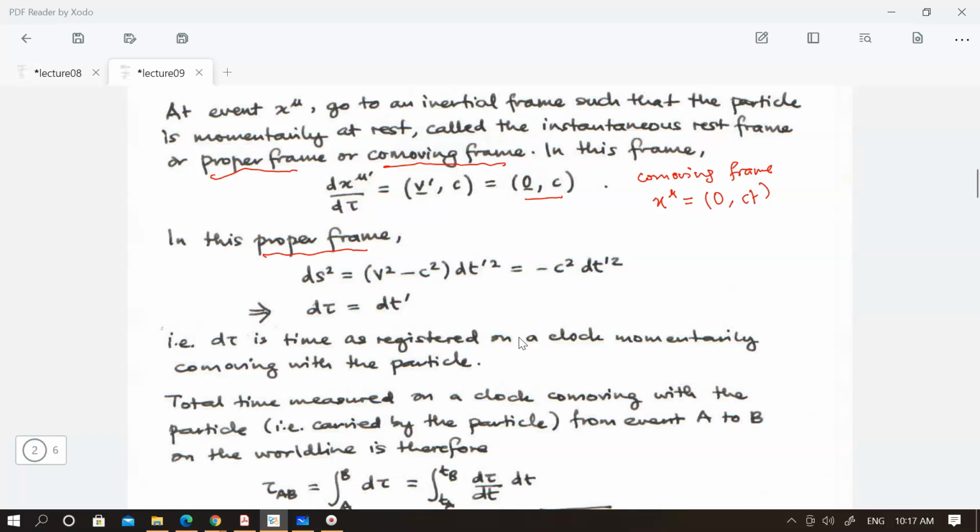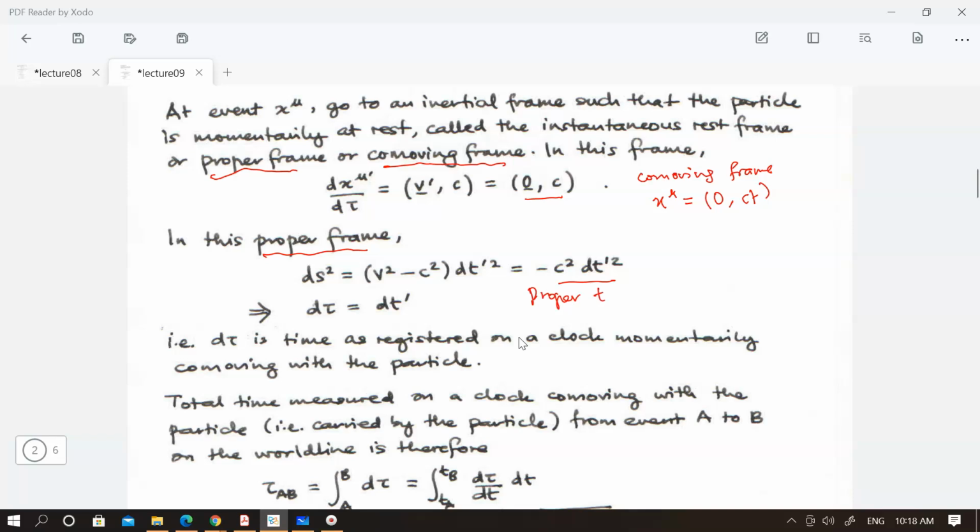And then essentially this will be just minus c squared dt squared, which is related to this parameter that we mentioned before, which is what we call the proper time, because it is related to the time coordinate inside your proper co-moving frame.